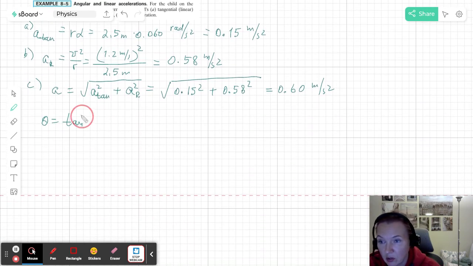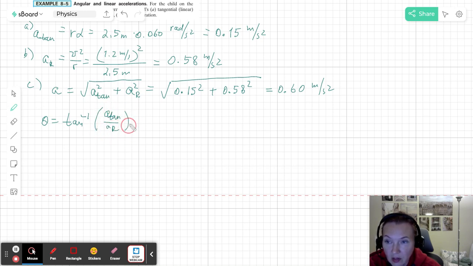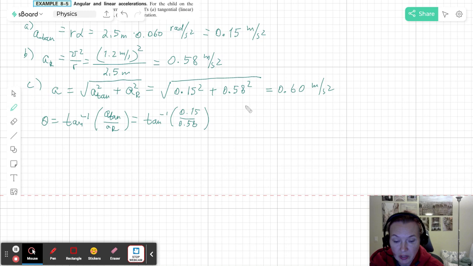Not that we had to find it, just for fun, theta is the inverse tangent of 0.15 over 0.58 meters per second squared. They will cancel. So we will end up with 0.25 radians. So look at this. We also found an angle, which is approximately 15 degrees.